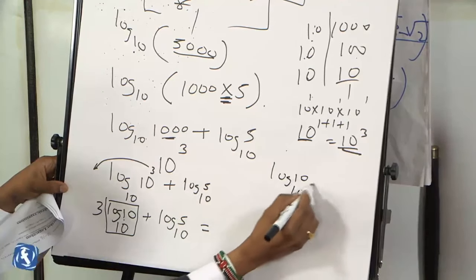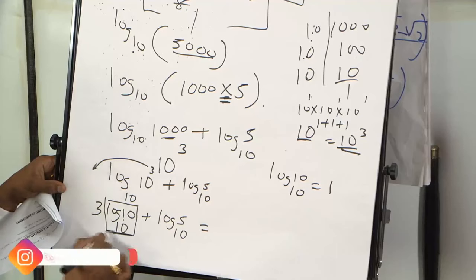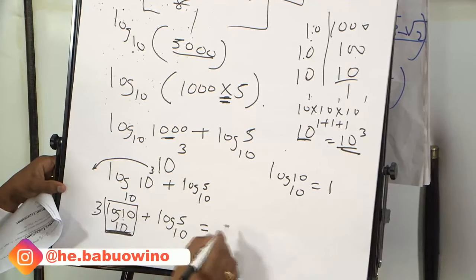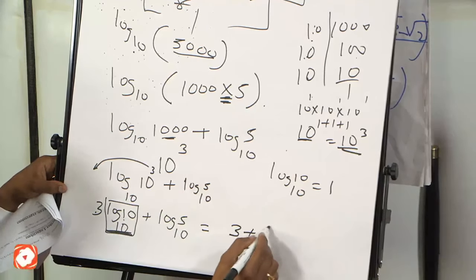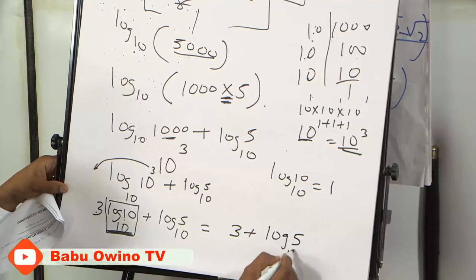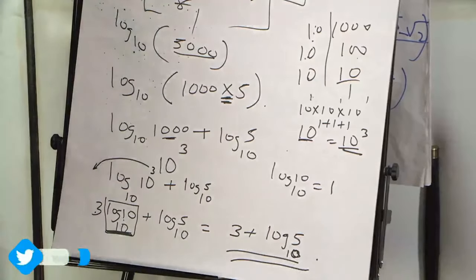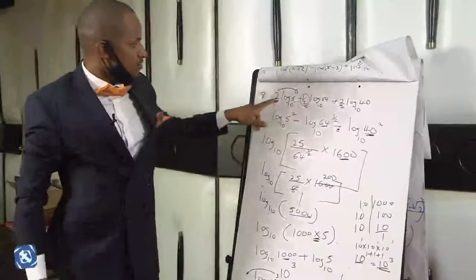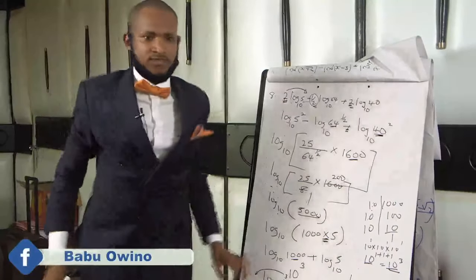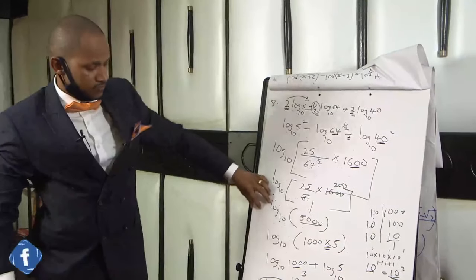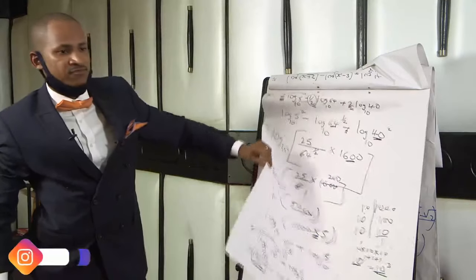Log 10 to base 10 is 1. Therefore, you replace log 10 to base 10 with 1. 3 times 1 is 3, plus log 5 to base 10. That is the simplified form of this equation. So you see it was long, and we can just get it as this value: 3 plus log 5 to base 10.